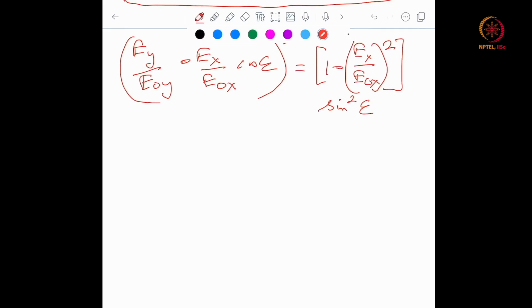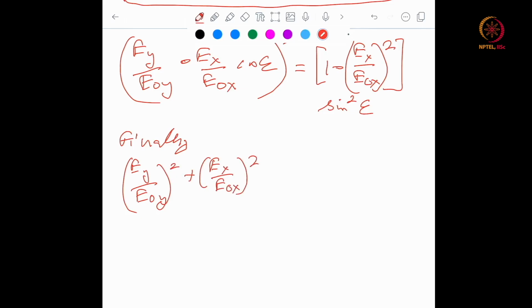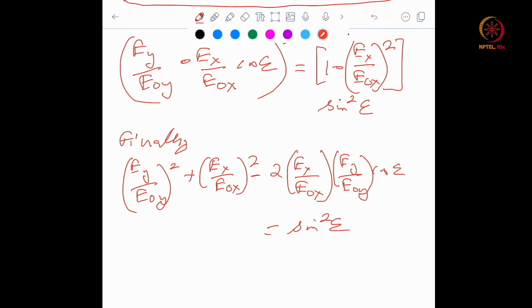So finally, if we rearrange all the terms, we get (Ey/E0y)² plus (Ex/E0x)² minus 2 (Ex/E0x)(Ey/E0y) cos ε equal to sin² ε. This is the equation of an ellipse.